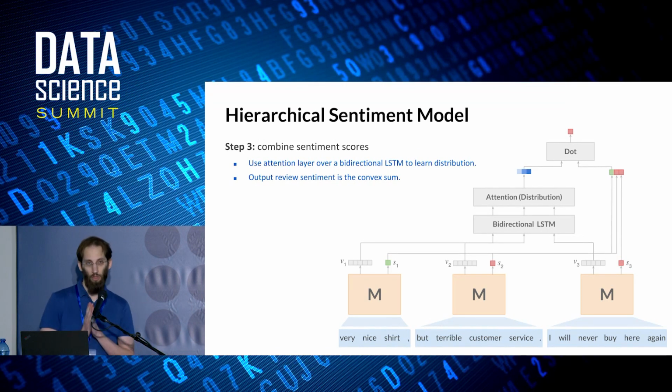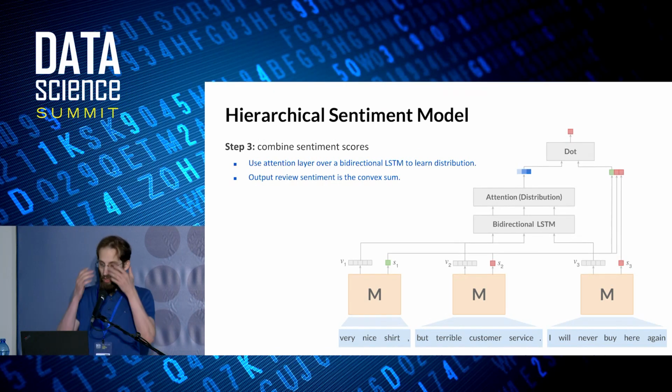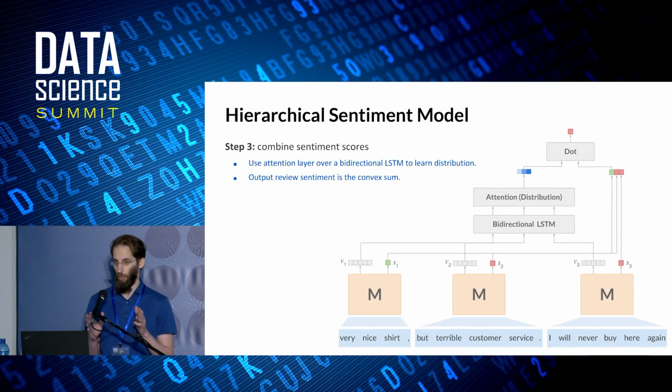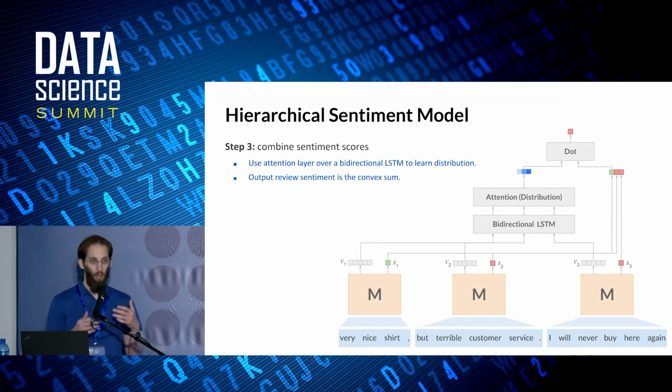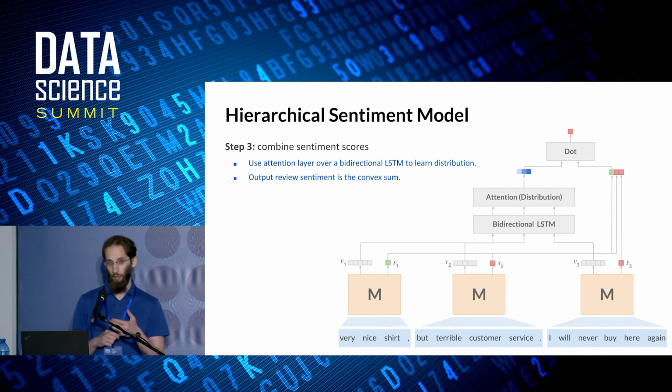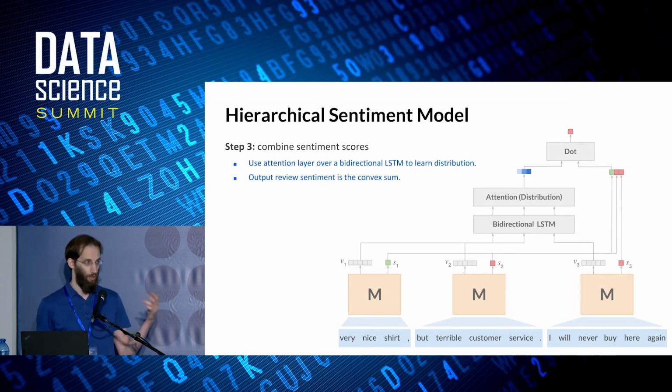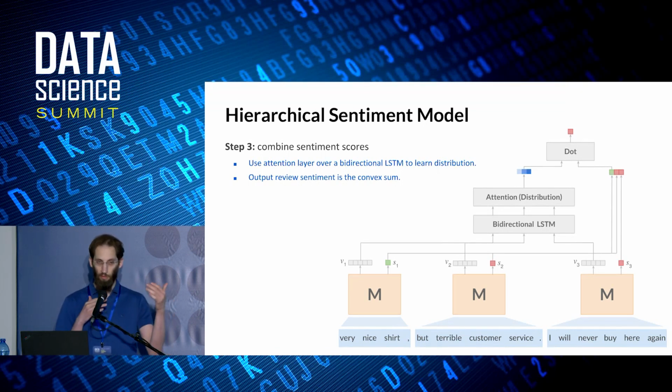Now, what we're doing here is the following. We use an attention layer over a bidirectional LSTM layer. I'll explain, at least intuitively, why. Attention layers, for those who know, learn a distribution. And the distribution is learned as follows. You take each of the inputs, you apply some kind of linear transformation and the hyperbolic tangent function, which is some kind of a non-linear shifting function.